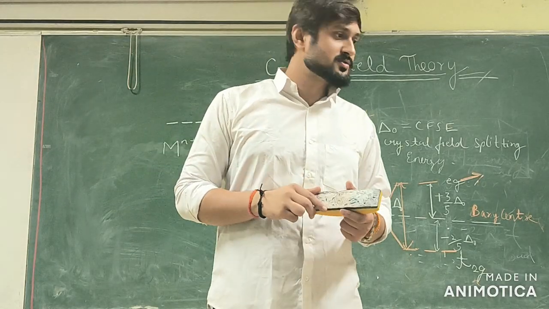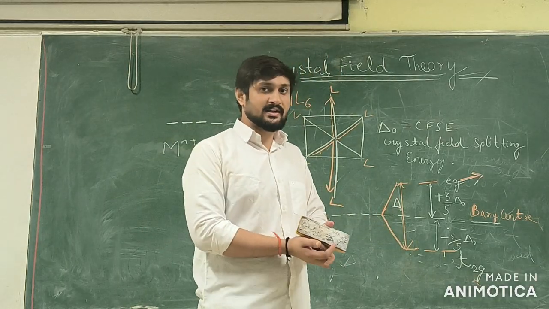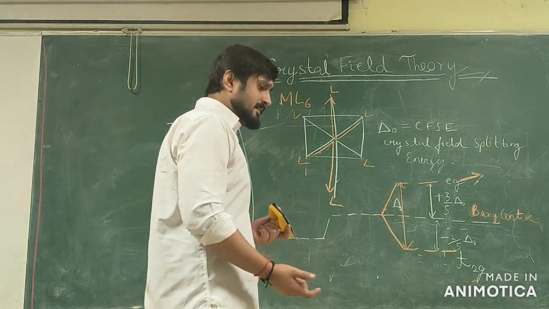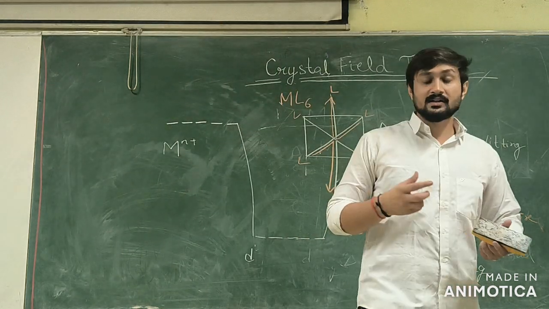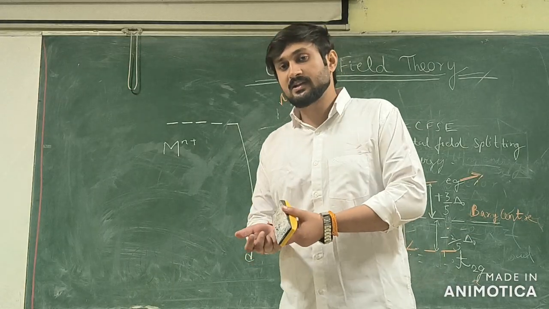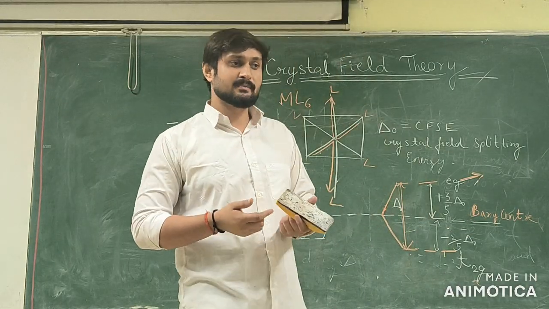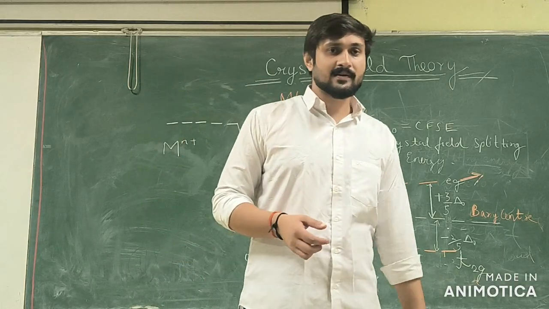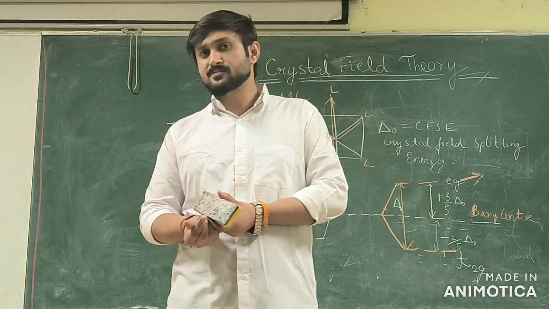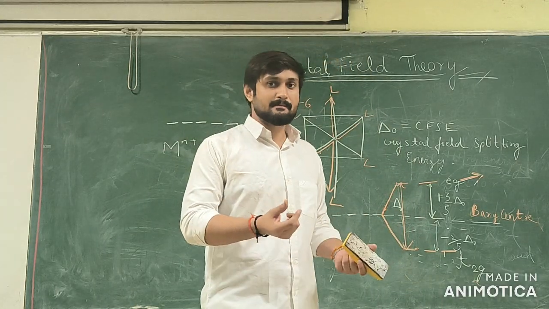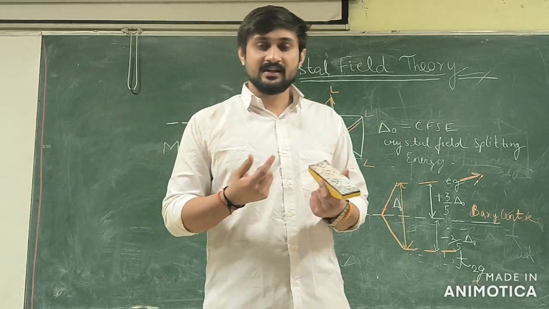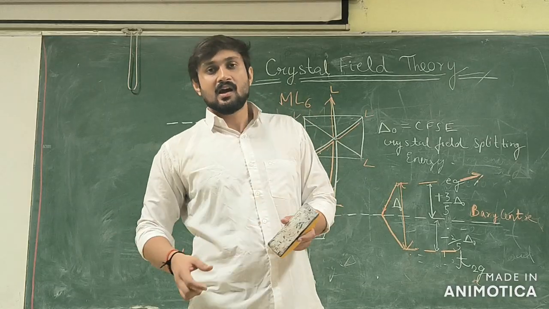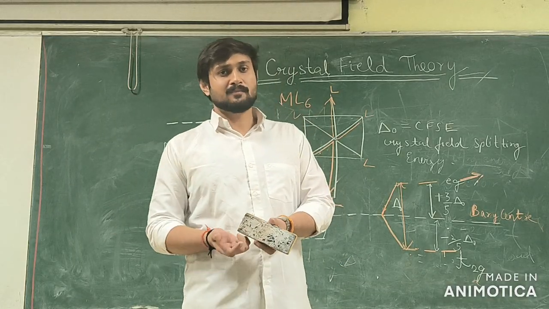So if that is clear about the octahedral CFSE, the key points that you can take away are that CFT tells you that the metal and ligands are point charges, the metal has positive charge and the ligands have negative charge. The second thing is that there are three types of interaction between the metal and ligand. First, the attraction force between metal and ligand, which will stabilize the complex.